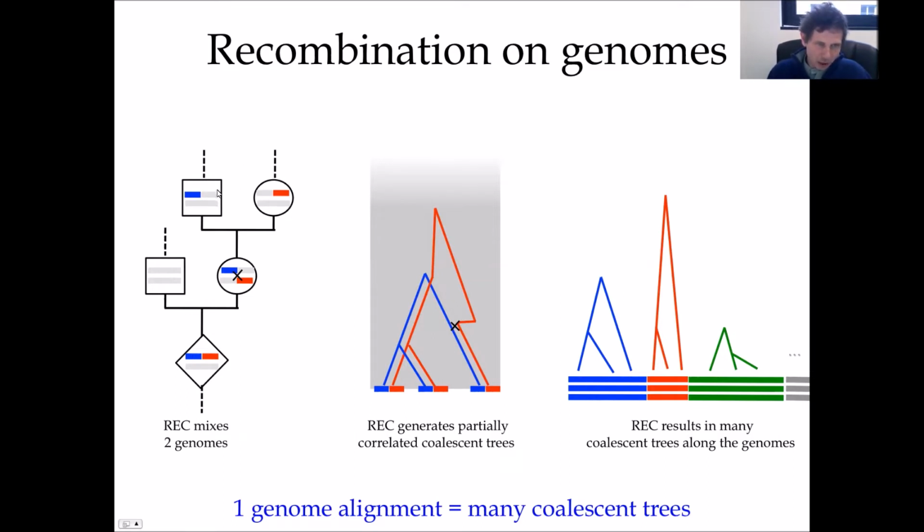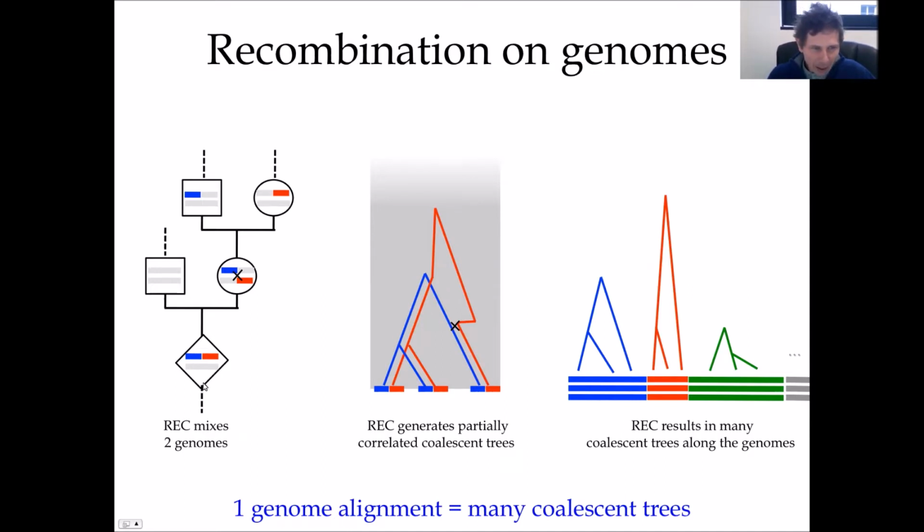What we define as biologists as recombination is putting together some bits of genomes. Say here the daughter received half of her genome from grandpa, the blue part, and half from grandma, the red part. And during the meiosis, there was a recombination event. So the chromosome that she transmitted to her infant is a mix between blue and red.